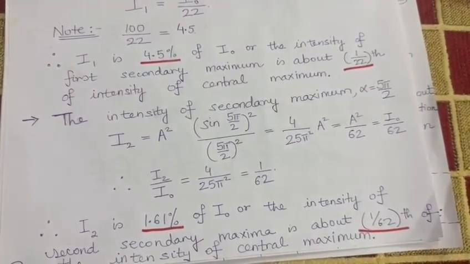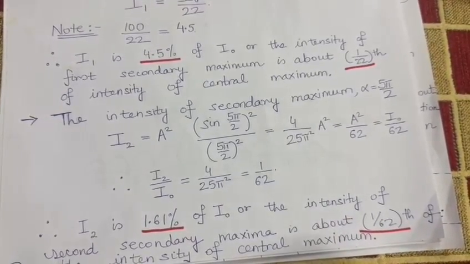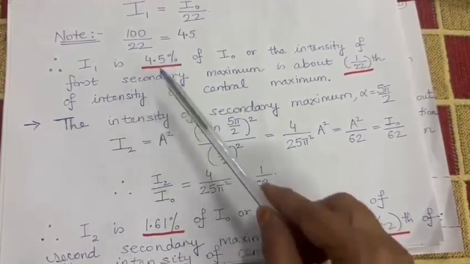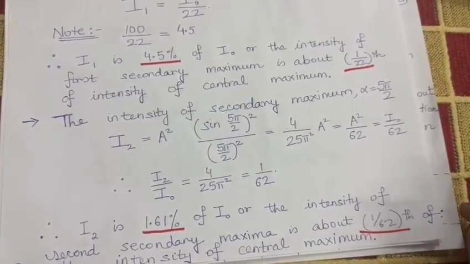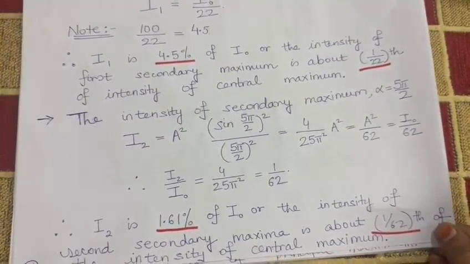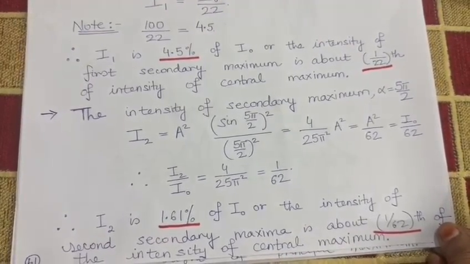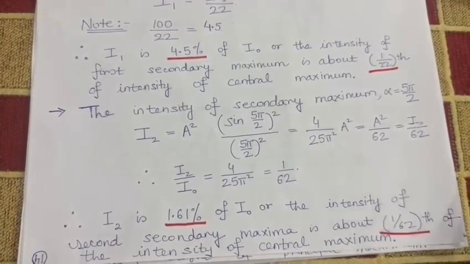Mathematically, if you solve 100 upon 22, it is equal to 4.5. So this way also you can do this question: I1 is 4.5% of I naught, or the intensity of the first secondary maxima is about 1/22th of the intensity of the central maxima.